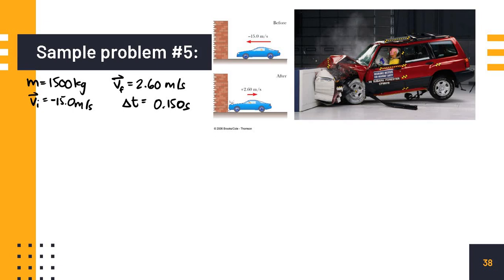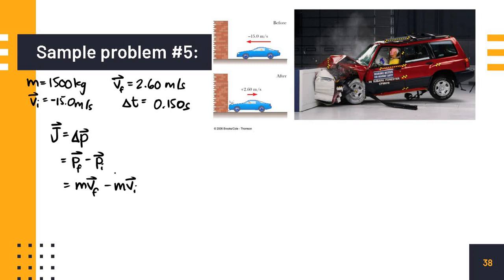So again, if we look at momentum in a non-isolated system, it is changing. Therefore, we use the formula of impulse. So impulse, as mentioned earlier, is the change in momentum, and that is equal to final momentum minus initial momentum. Now, that is equal to mass times final velocity minus mass times initial velocity.